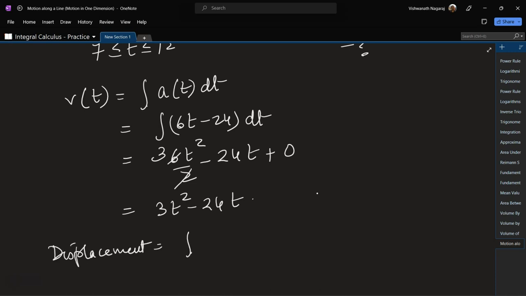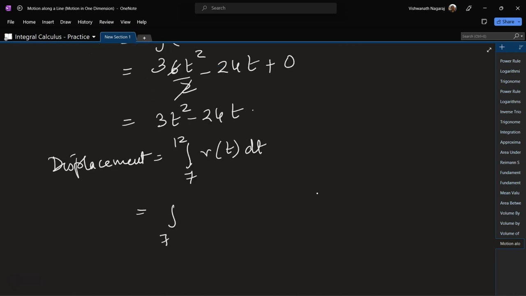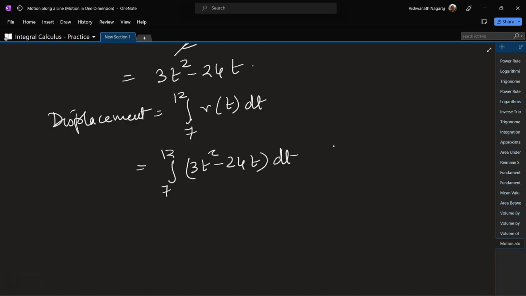Now let's figure out displacement. This is going to be the integral of V of t dt. From where to where? 7 to 12. So the integral from 7 to 12 of 3t square minus 24t dt. Okay, now here let's integrate this.